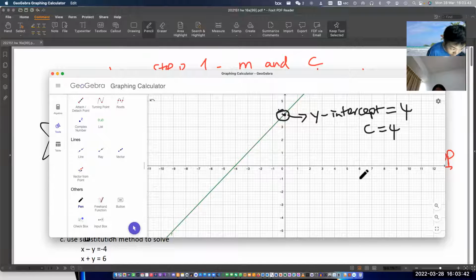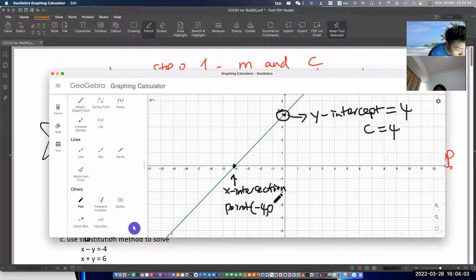And then this is called the x-intersection point. Of course, the question is not asking for the x-intersection point, but I just want you to know that this point is called the x-intersection point. This point is given by -4, 0.